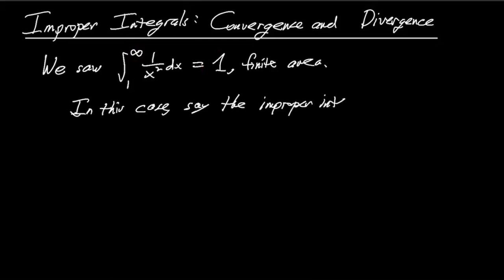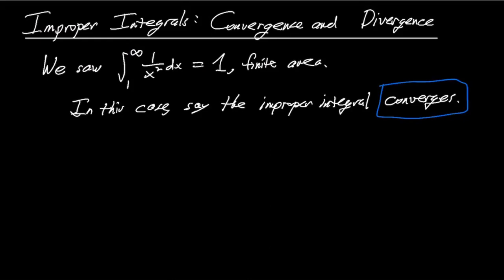So let me write that down. Converges. So that's the term. Anytime we have an improper integral, which is an integral that we don't know until we examine it whether it's finite or not, once we discover that it is finite, we say it converges.